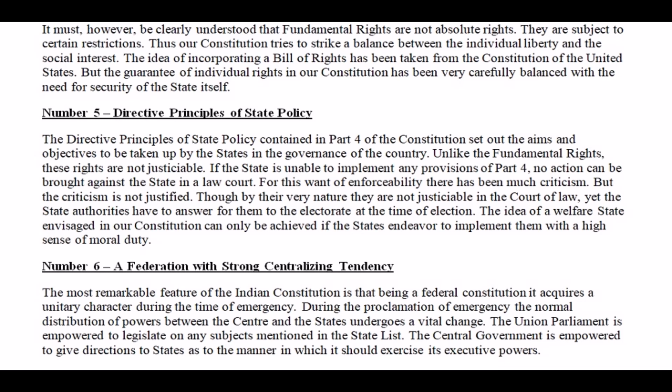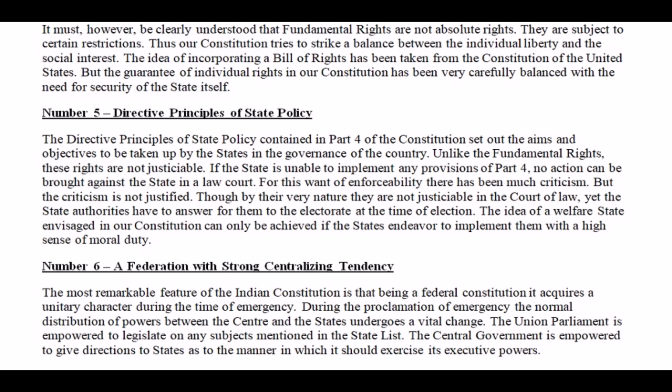It must, however, be clearly understood that fundamental rights are not absolute rights. They are subject to certain restrictions. Thus our Constitution tries to strike a balance between individual liberty and social interest.